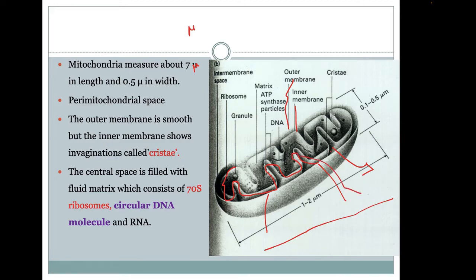You can see this in the diagram. These are the cristae, the folded parts of the inner membrane.